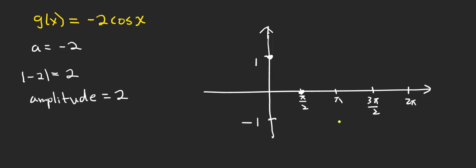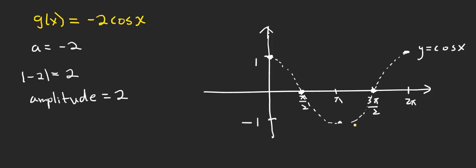And then negative 1 at pi. And then 0 over here, and then back to 1. So I'm going to use a dotted line. This is a graph of cosine x.